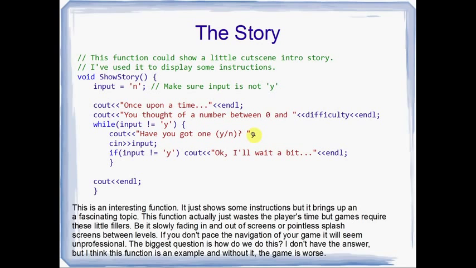Maybe you need a settings screen, and all of those screens should be added at some early stage, not at the end. You should think about which ones you're going to need and add them at the start. You don't have to finish them, just add basic screens like this. I thought maybe there would be a story in my game eventually, so I made this little story screen.